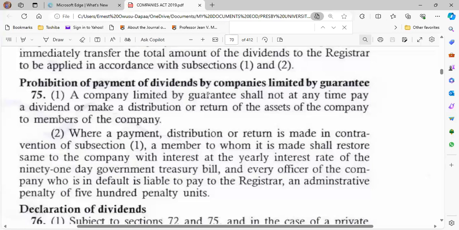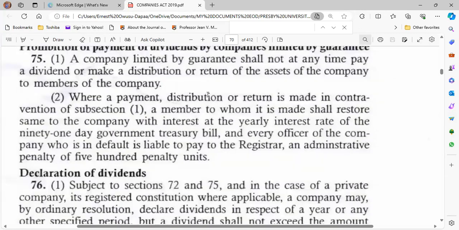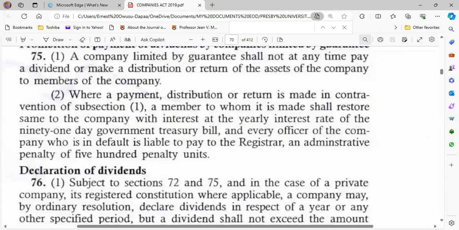And then secondly, the officers, directors, and so on, who superintended the company limited by guarantee in paying dividends would be punished by being fined. And the fine here is not the normal fine meted out by the court, but what we call the administrative penalty unit. So 500 administrative penalty units. This will be meted out even by the registrar of companies, as it were.